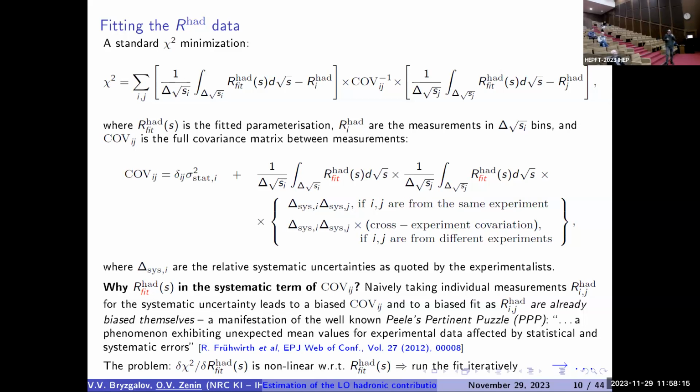In principle, this equation could be solved by a general method, but it appears that we can resort to a kind of iterative fit. That is, we start from some simple parameterization for the average cross-section. Initially, we can find it ignoring systematic errors.